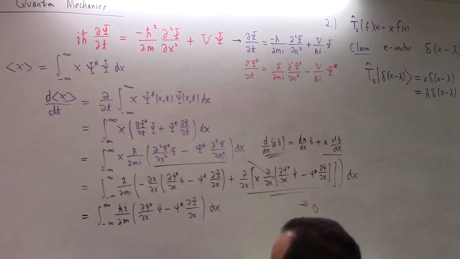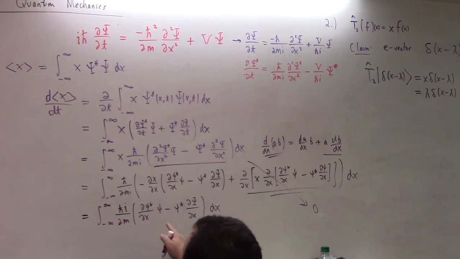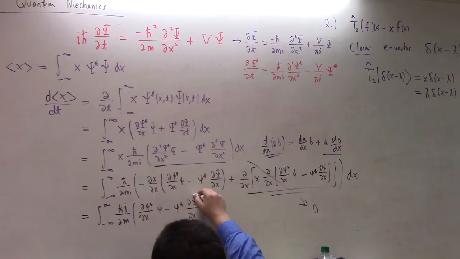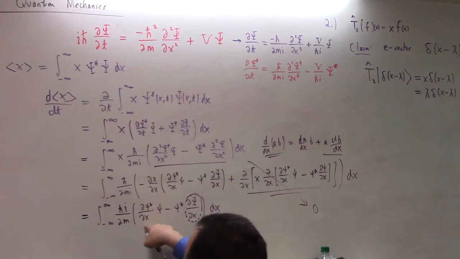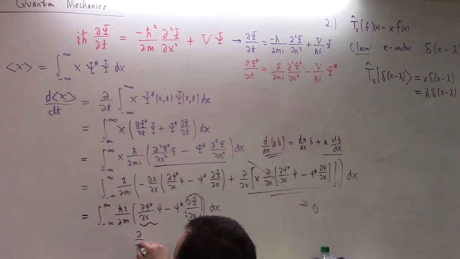So what I want to do is I want to have just these kinds of terms. That's what I decided. So how can I move the derivative from psi star to psi over here? Right?